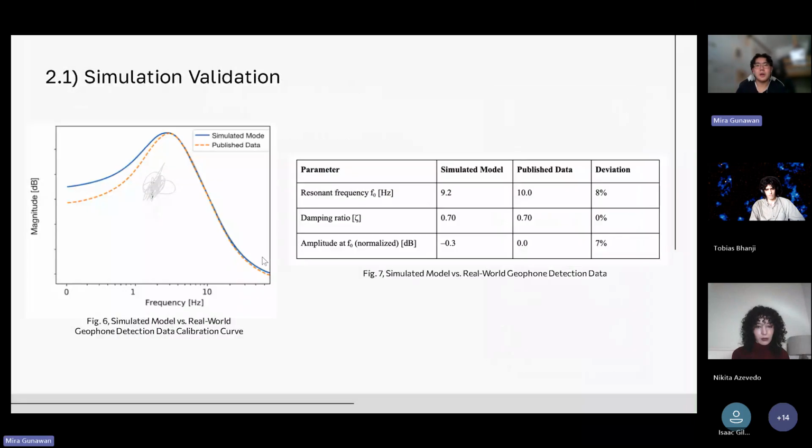On the left, figure 6 visualizes our semi-log plot, overlaying the simulated calibration curve, in blue, versus a published reference, in orange. The simulated model peaks at 9.2 hertz, while the published geophone specification lists 10 hertz, an 8% deviation, and the damping ratio matches exactly at 0.70, and the amplitude at resonance is within 7% of the published curve.